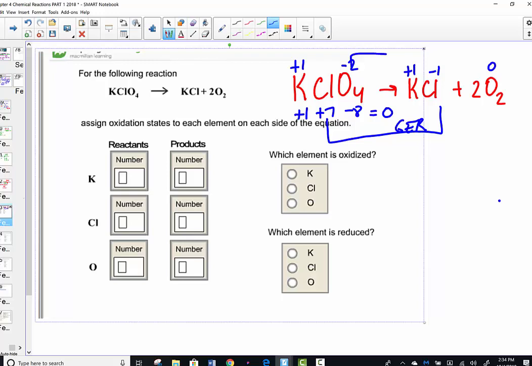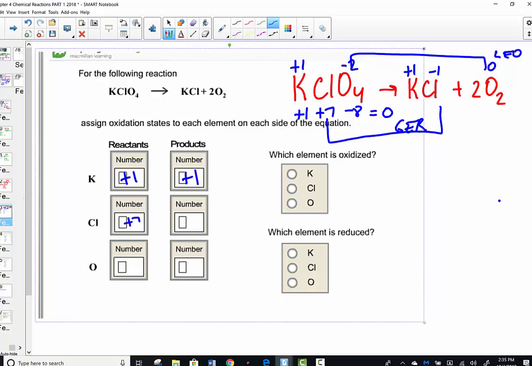Oxygen went from a -2 to a 0. -2 is moving up on the number line to land at 0. It's becoming more positive, therefore it is oxidized. We said potassium did not change charge. It would be considered a spectator ion.